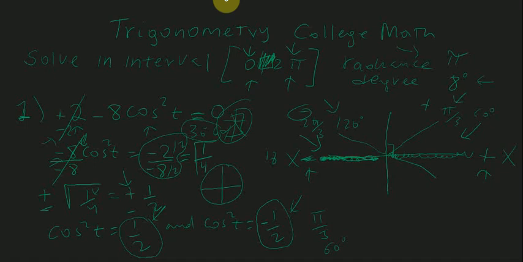So now another 60 past 180 is 240 degrees, which is 4 pi over 3. If you add another 60, we get 300.